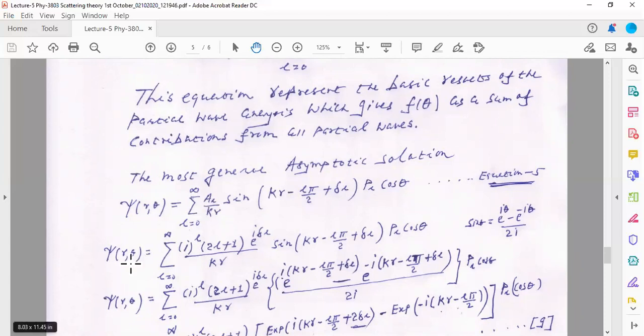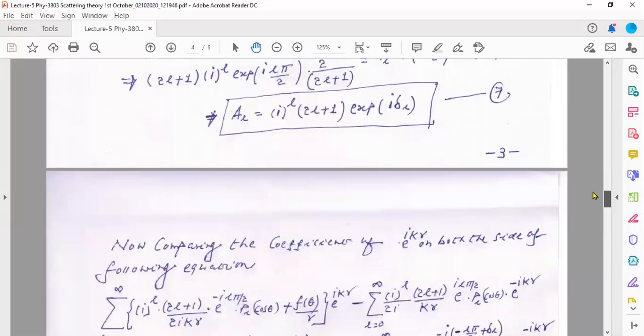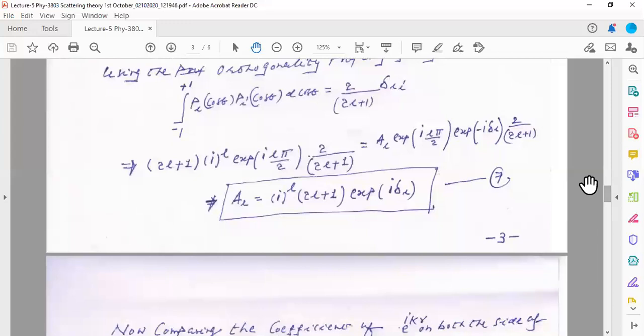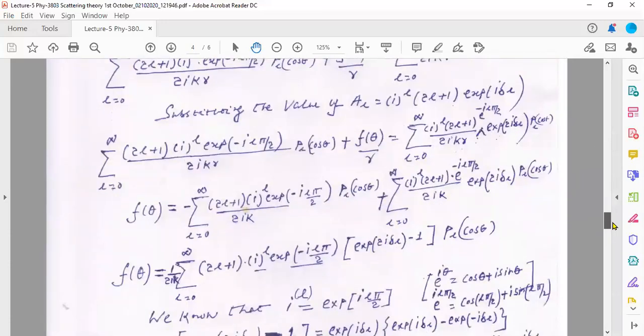So I'm substituting. Psi of r, theta is i to the power of L, and it is basically 2L plus 1, e to the power of i delta L over kr, because A L we have already calculated. This value we are substituting here, and so you will see this expression.